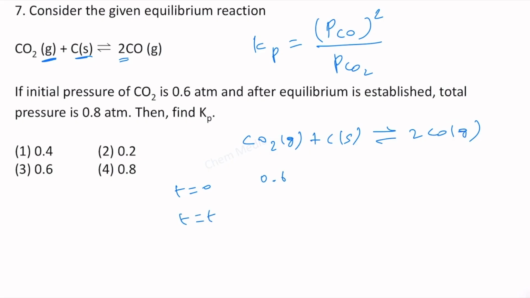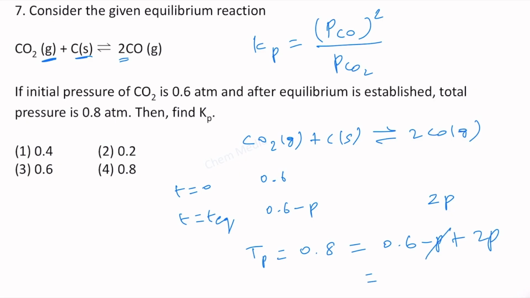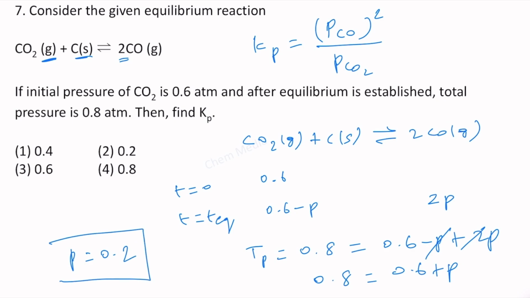When T is equal to T equilibrium, then this becomes 0.6 minus P and this will be 2P. Total pressure is given as 0.8 atm at equilibrium. Therefore, this is equal to 0.6 minus P plus 2P. Therefore, this will become 0.6 plus P. So, 0.8 equal to 0.6 plus P. Therefore, P is equal to 0.2, isn't it?